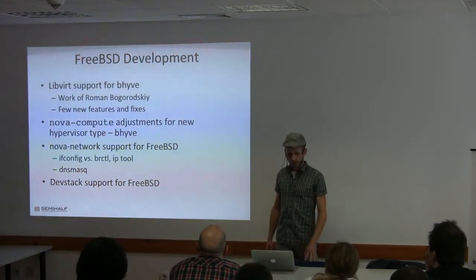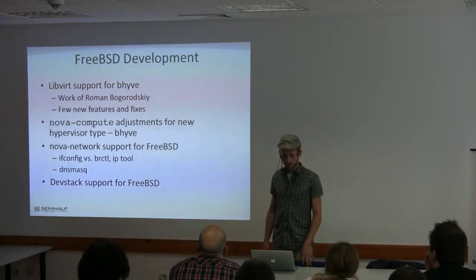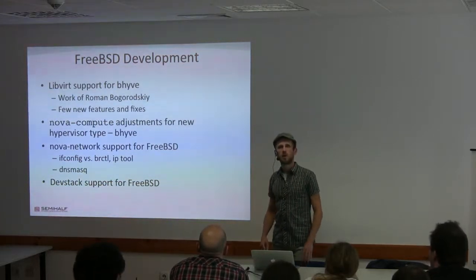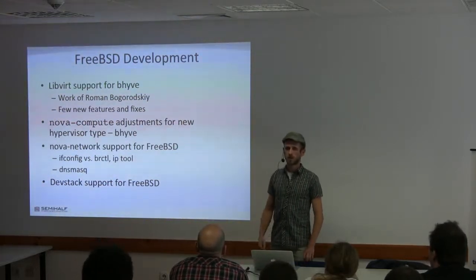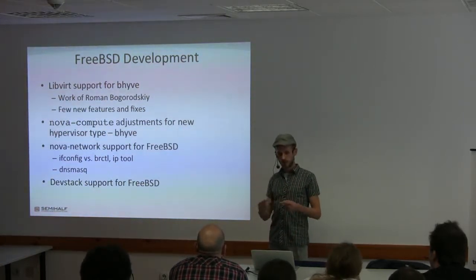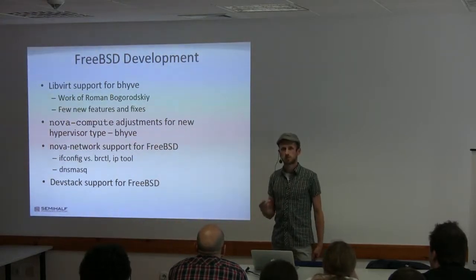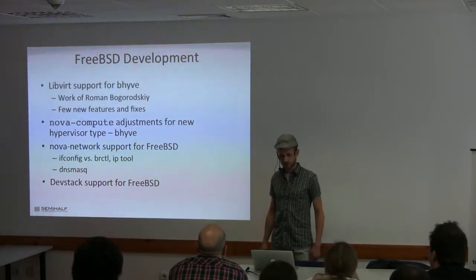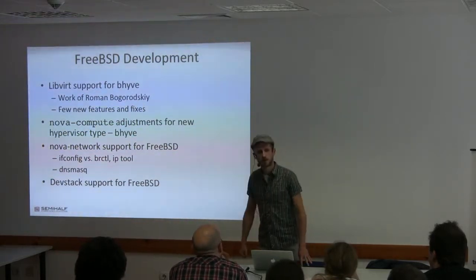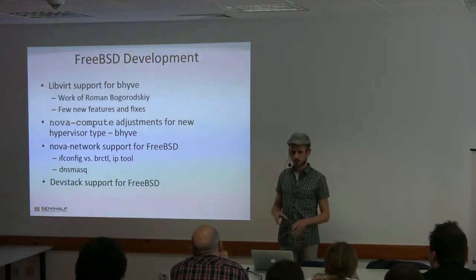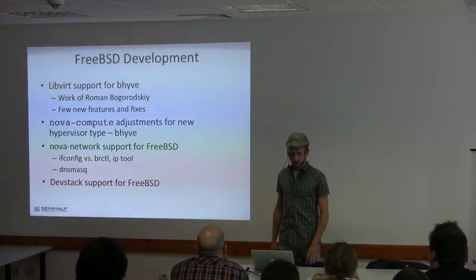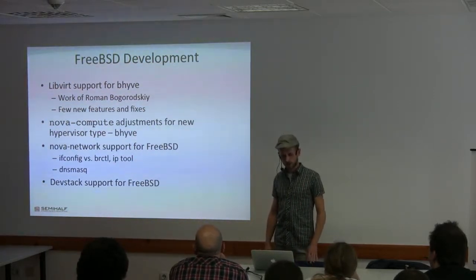We did some adjustments in Nova compute just to allow it to use the Beehive hypervisor, because the code responsible for generating the XML has to take into account that we are now using a different hypervisor, and there were some things that were Linux specific, like mangling some things inside sysfs, which we do not have in FreeBSD. So these were the adjustments done to Nova compute.